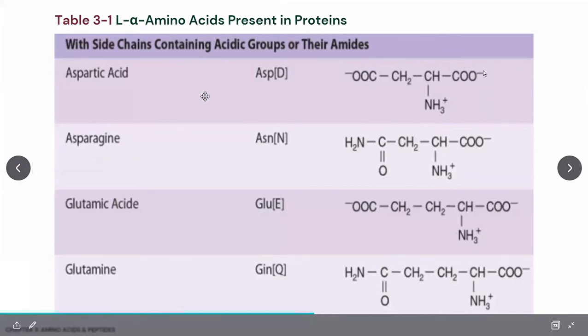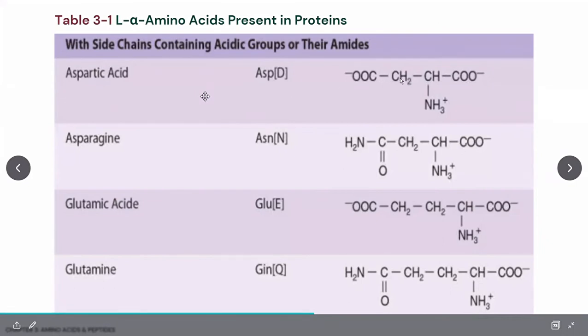Okay, aspartic acid. So this becomes acidic because this charge and this charge here cancel each other, but you have one negative. So that's why this is acidic.